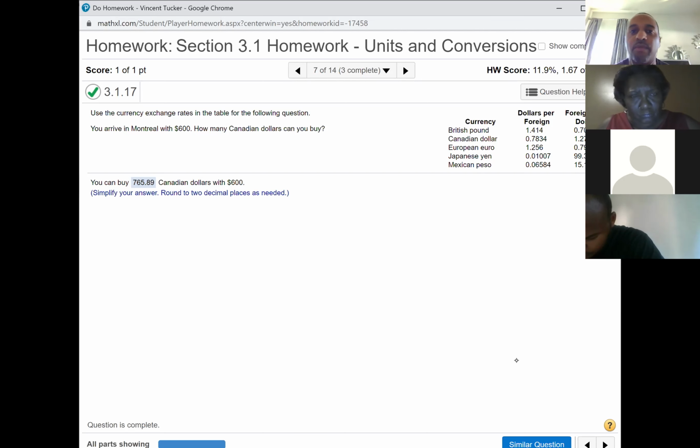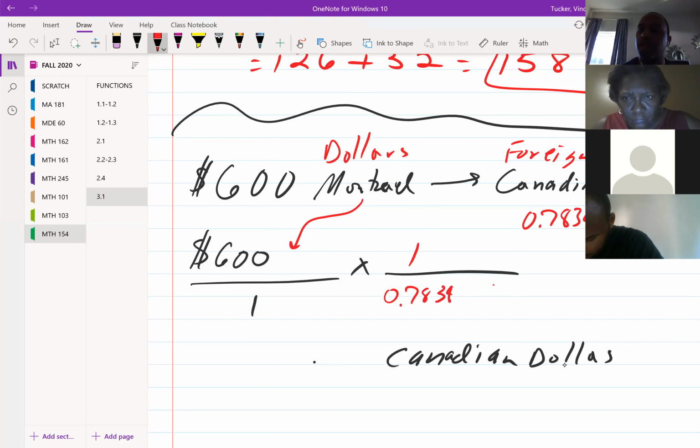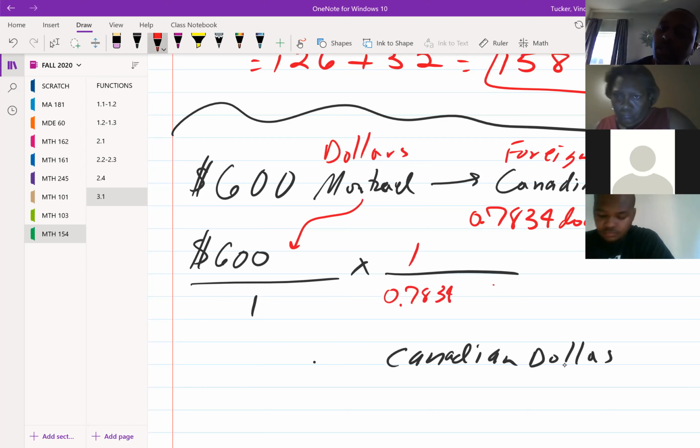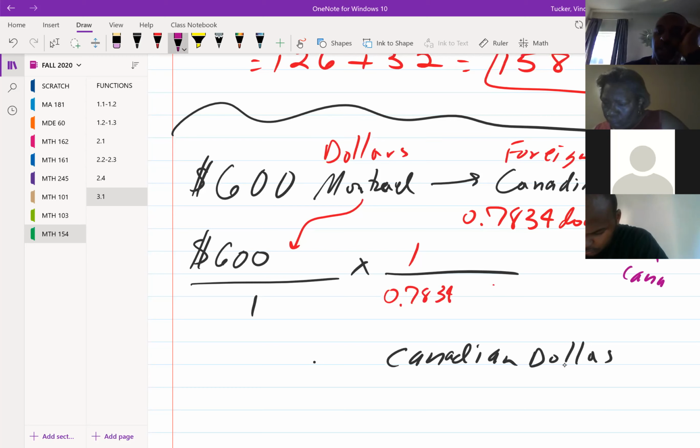I use the 0.7834 dollars to the one foreign. And that foreign, remember I said, in our case we were looking at Canadian or Canada dollars.